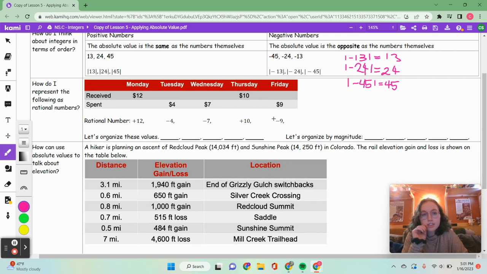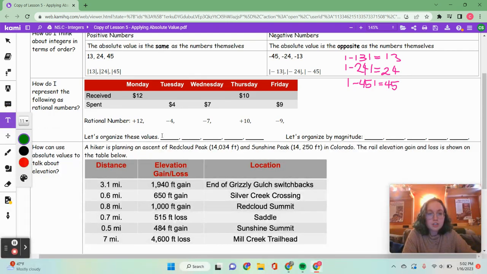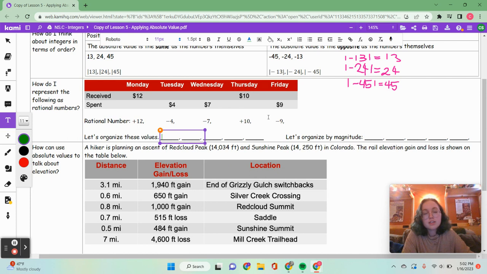If I'm trying to organize these values from least to greatest, that would organize them from biggest losses to greatest received, right? Greatest gains. So if I'm trying to organize them just by their value, then the biggest loss that I had was negative 9.